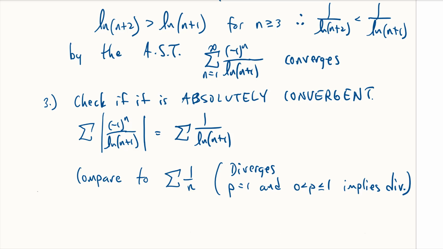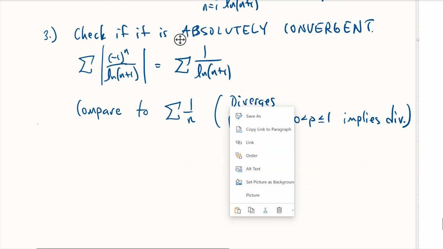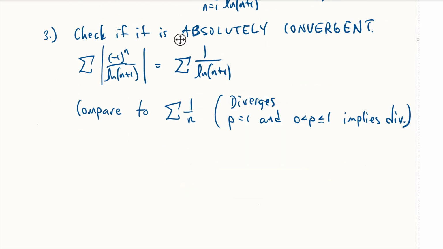Okay. So what if I compare it to the harmonic series? I'm going to compare it to the infinite series 1 over n. Now for the direct comparison test to work, I need to show that the terms of the series I have are bigger than the terms of the harmonic series.